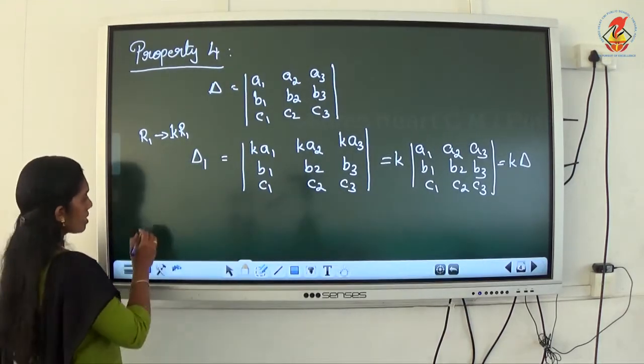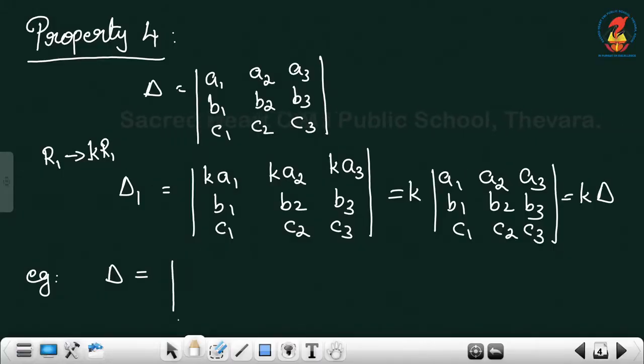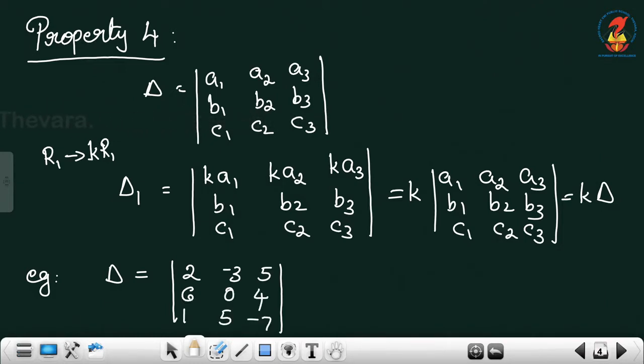We can verify this. Example, delta, as in the previous example, delta is equal to 2 minus 3, 5, 6, 0, 4, and the last is 1, 5, minus 7. Its value is minus 28.